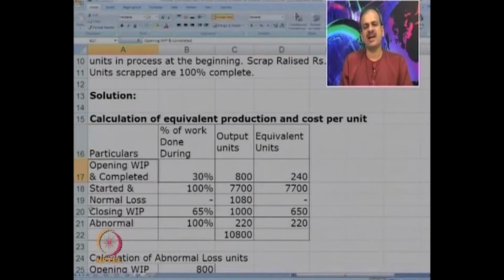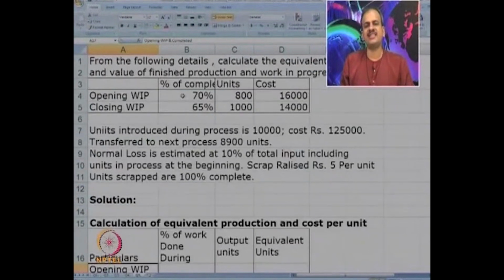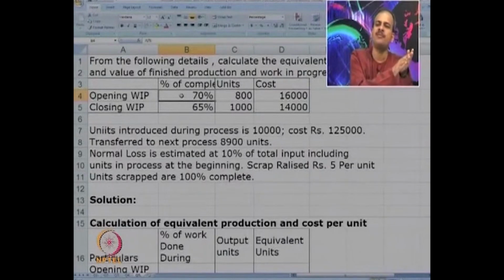Now first we start with opening work in progress. It is already given that they were 70% complete. That means in the last period, say I am in the month of May, then in the month of April 70% of these units were anyway ready. So I have only worked 30% more.